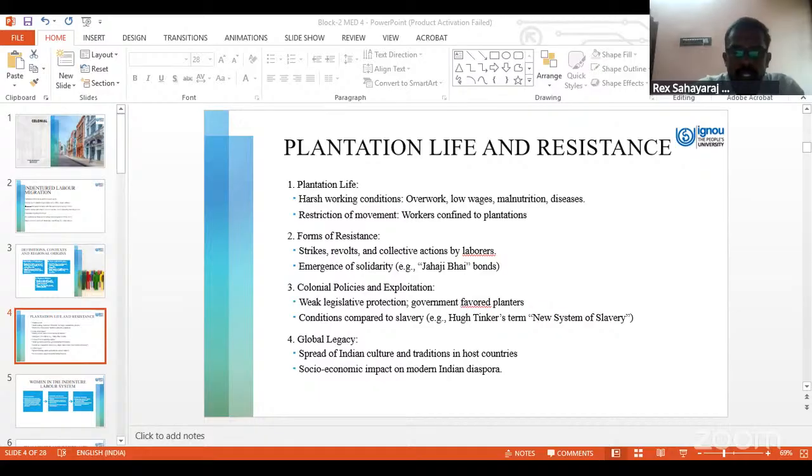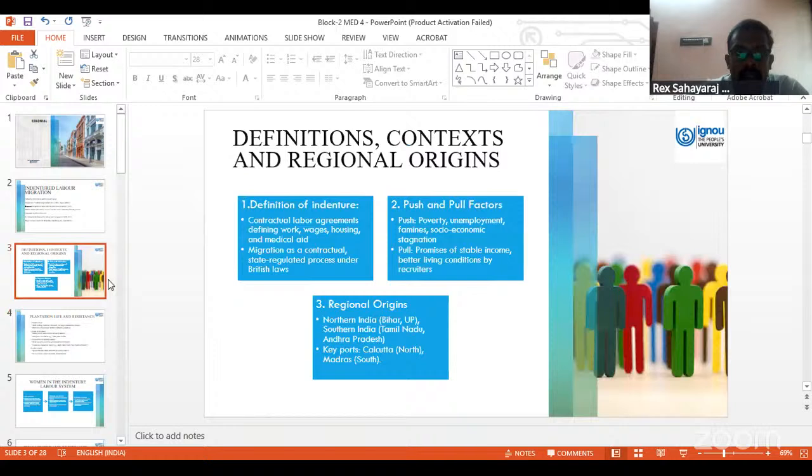So the social origin of indentured labor, when you say, were mostly drawn from middle peasant castes, followed by lower castes, or you see Dalits, when you say, or a fraction of higher castes, including a significant number of Muslims, mainly from the northern and southern parts, with few from western parts of India.